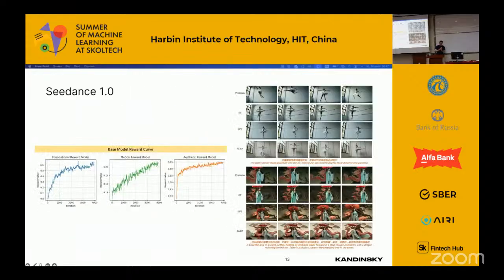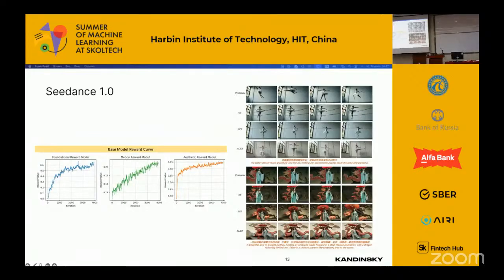For example, in Seedance, in ByteDance research, they solved this problem by adding an RLHF procedure after the pre-training, after the SFT, and they had three reward functions. It's the foundational reward model, the motion reward model, and the aesthetic reward model.